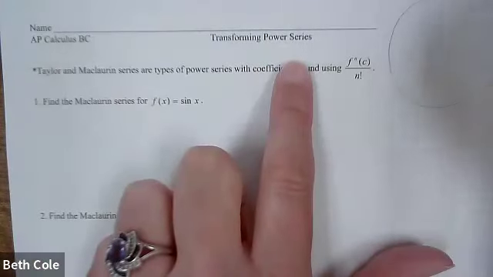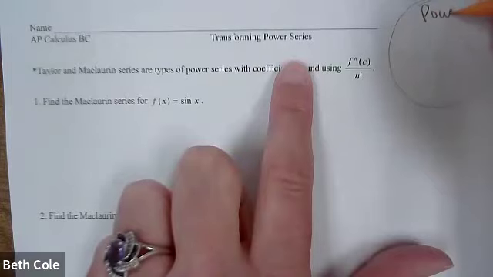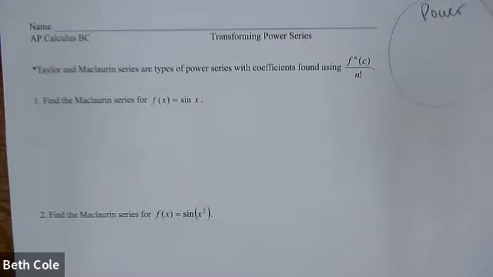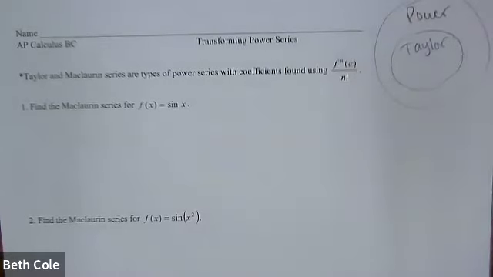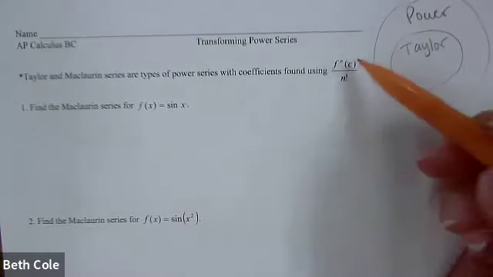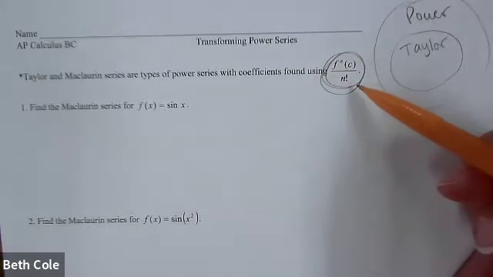I'm going to do a little Venn diagram here. So you have power series, which is just a general term for saying we have this infinite series that represents a function. If you can make it go forever, it is the function perfectly. It's not an approximation anymore. Power series, it's a series that represents a function. Inside of that, you have Taylor series, which specifically have this pattern that we use.